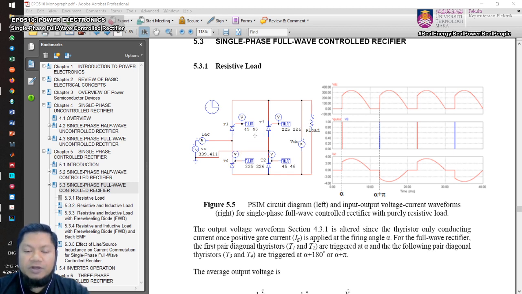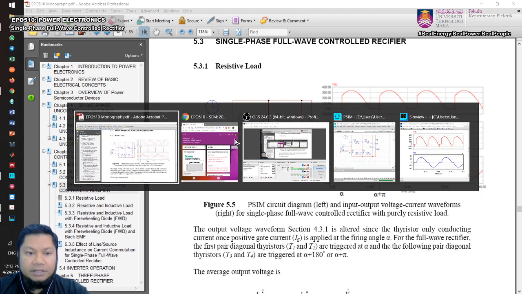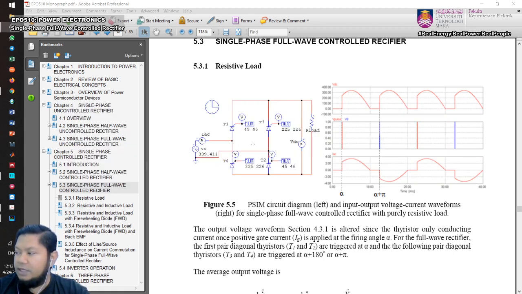In terms of the firing angle, you're going to supply the same gate signals to the diagonal thyristors. For example, in this PSIM circuit, T1 has 45 and T2 also has 45.